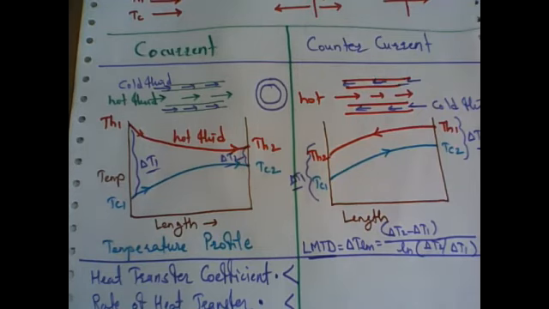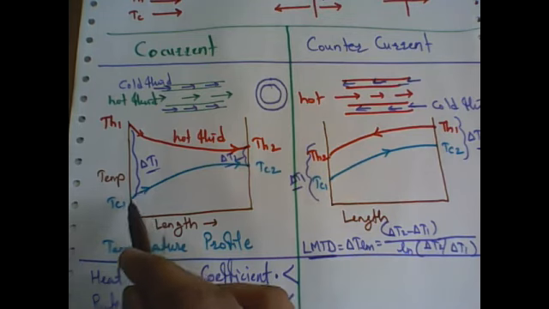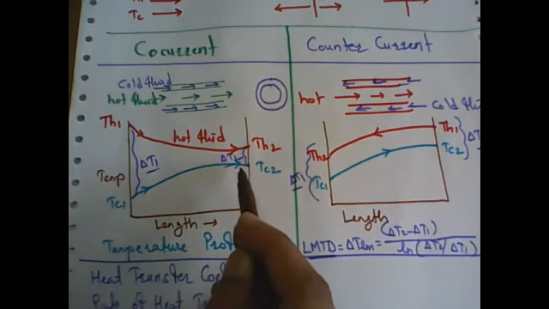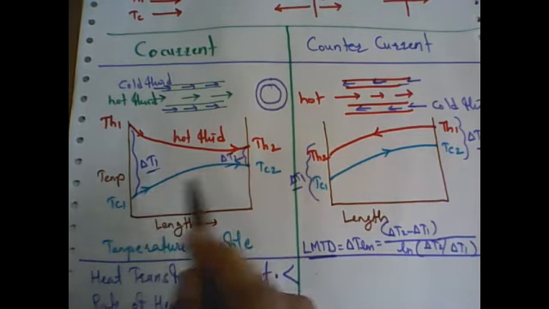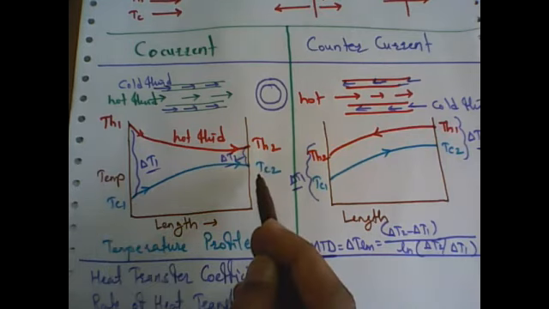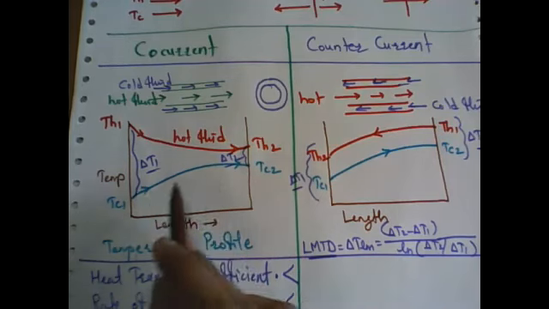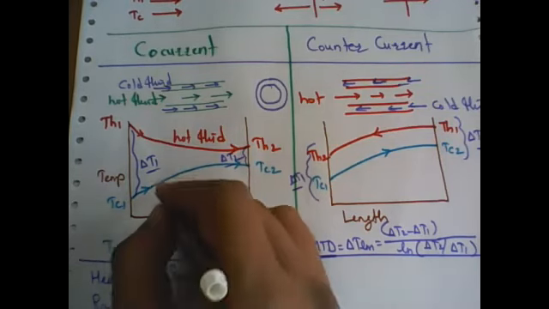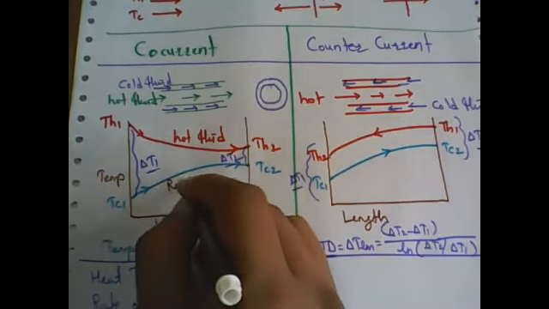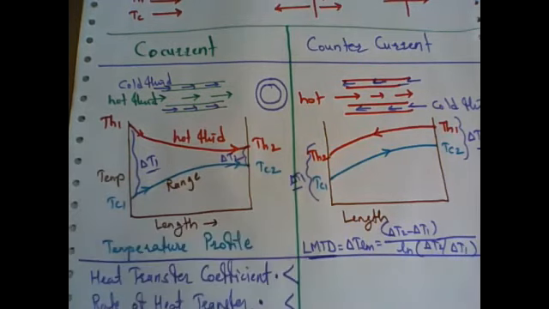Now one point I haven't mentioned: when you know the temperature range, TC1 to TC2, these are two different temperatures but of the same fluid, right? Then it is called range.